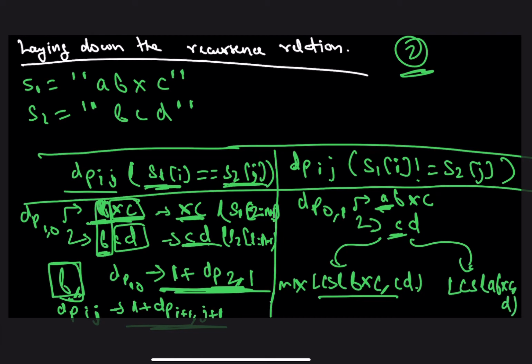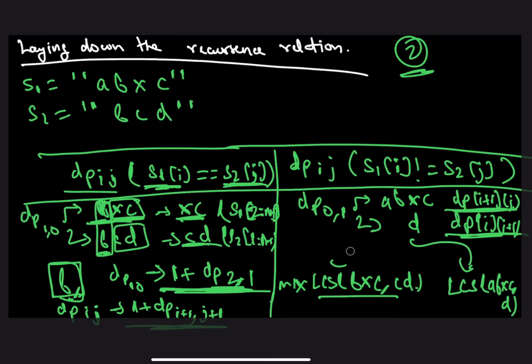That is, in the first case you delete this character over here and compute the value of dp of i plus 1 comma j. In the second case you do not delete this character, and you delete this character over here instead and compute the value of dp of i comma j plus 1, and you take the maximum of both of these values to compute the value of dp of i comma j.